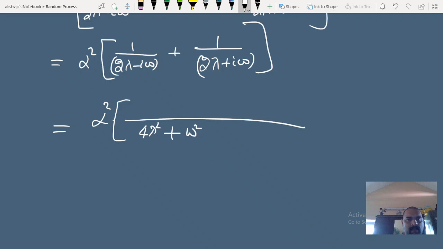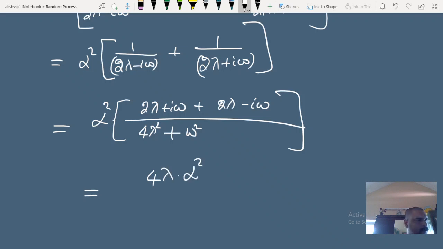Then here we get 2 lambda plus I omega plus 2 lambda minus I omega. So this is equal to 2 lambda and 2 lambda is 4 lambda. I omega and I omega get cancelled. So this is 4 lambda into alpha square, divided by 4 lambda square plus omega square.